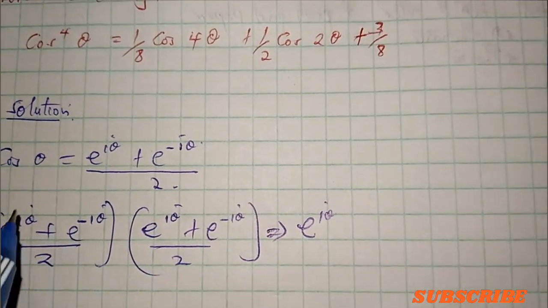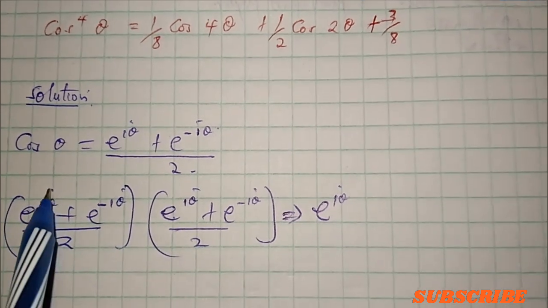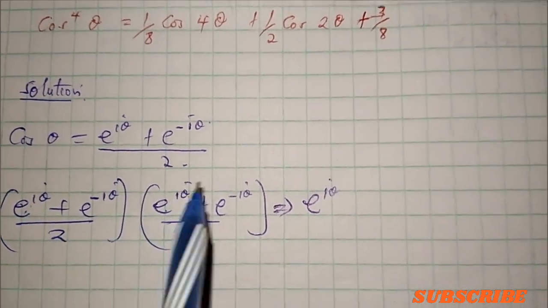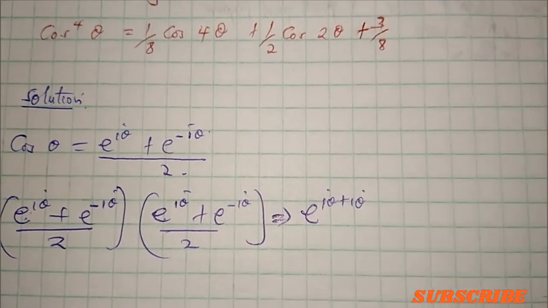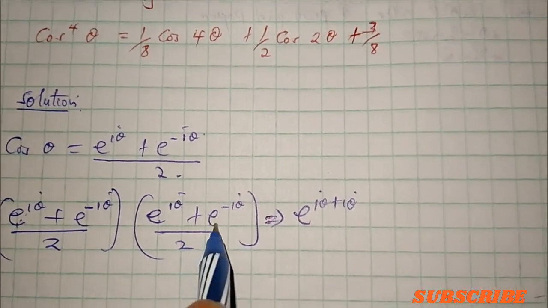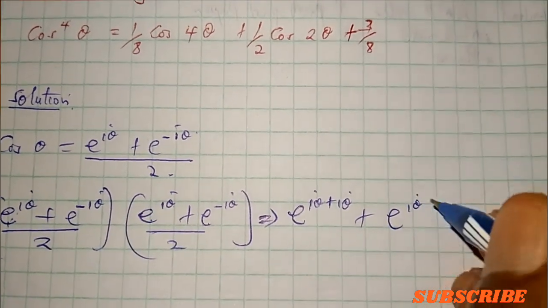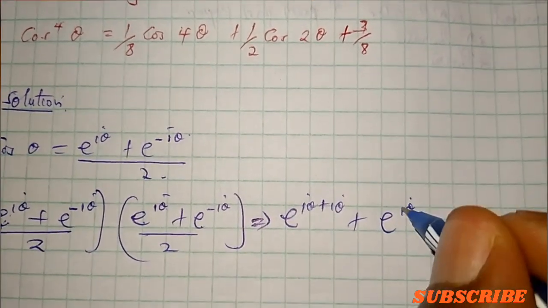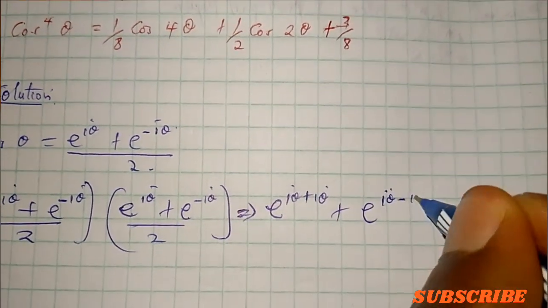Since it's multiplication, we take this power and add this one: e raised to the power i theta plus i theta. We continue: we take this, multiply by this, plus e to the power i theta plus minus i theta, it becomes minus i theta.